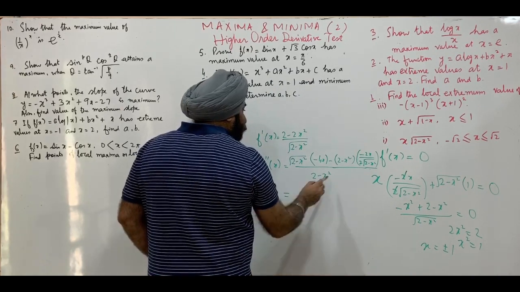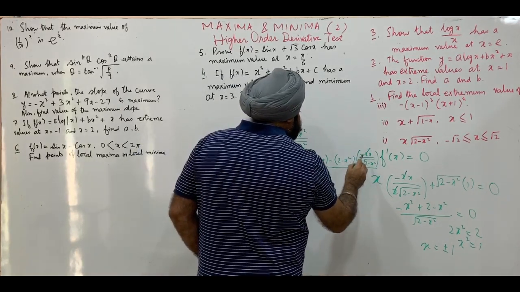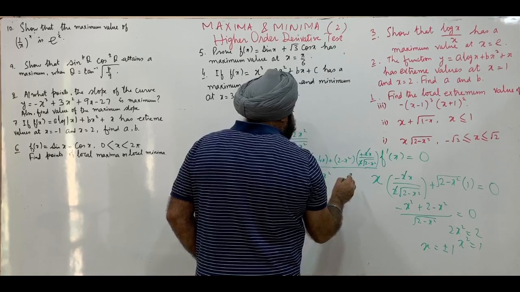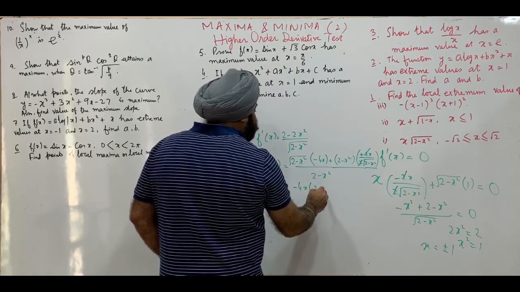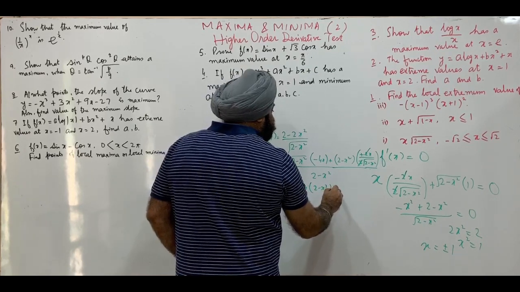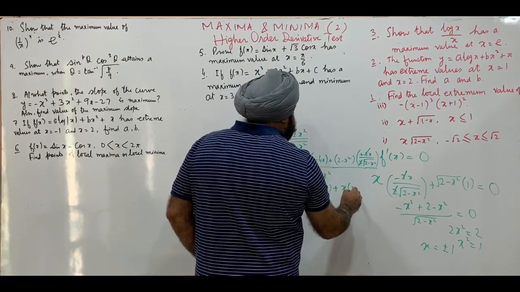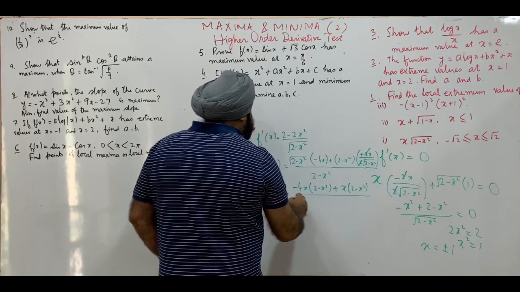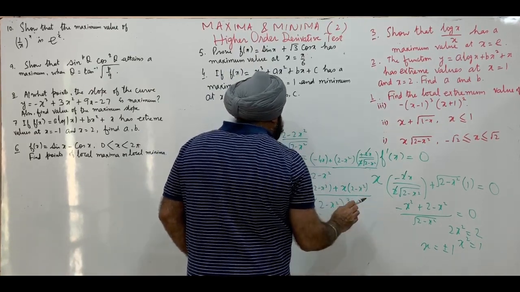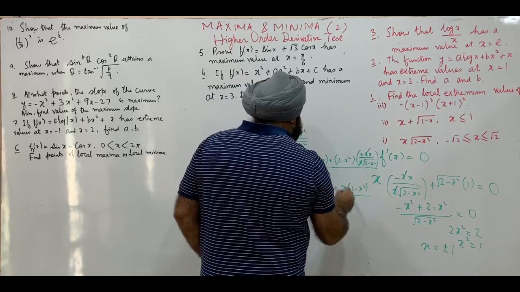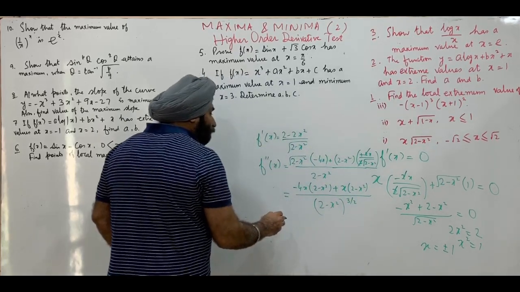The 2 will cancel out, minus minus will be plus sign. Now this into this is minus 4x into 2 minus x square, plus x into 2 minus x square, upon 2 minus x square raised to the power 3 by 2.